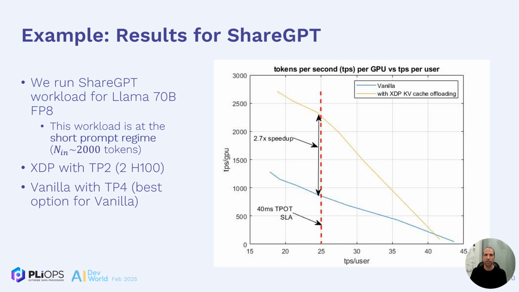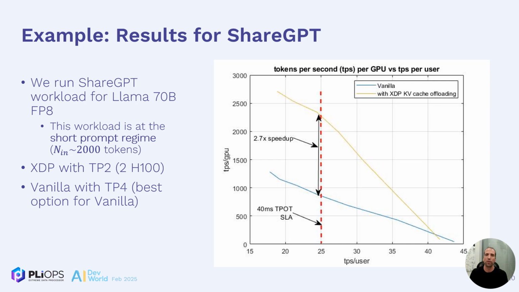So if we take, for example, the popular SLO of 25 tokens per second, we see that we get an end-to-end gain for this shared GPT workload, which is a public recording of ChatGPT conversations.